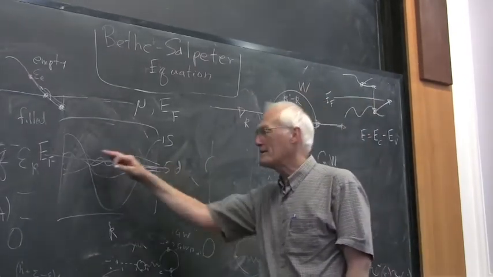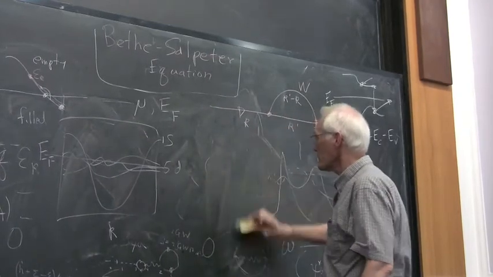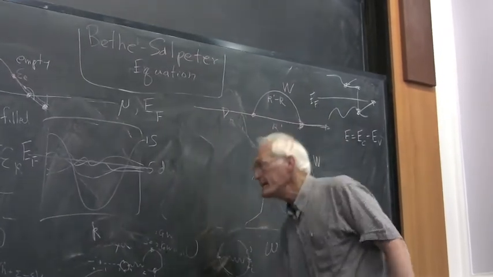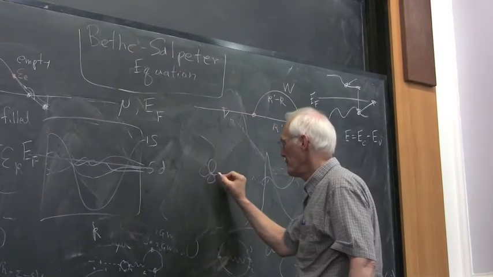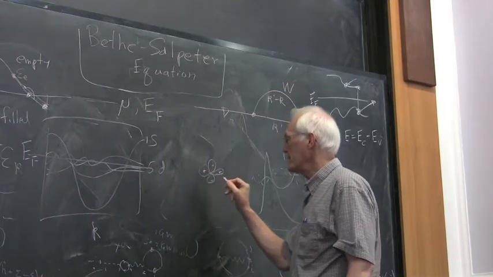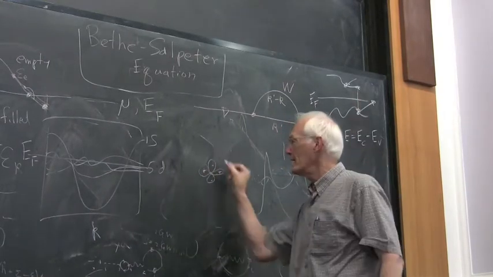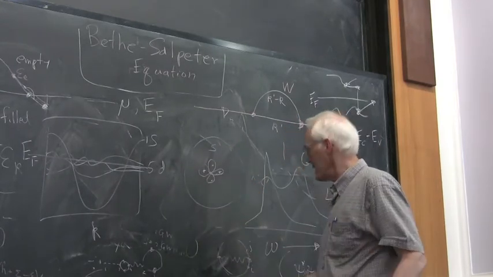And because they're narrow bands, that means if you look at them in space, they tend to be made of these d states, which are much more localized than the s states. I'll exaggerate them.